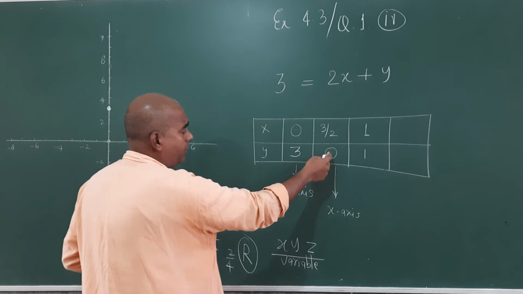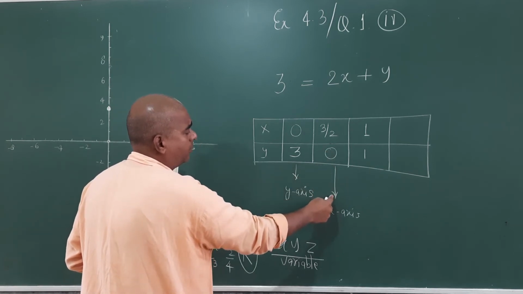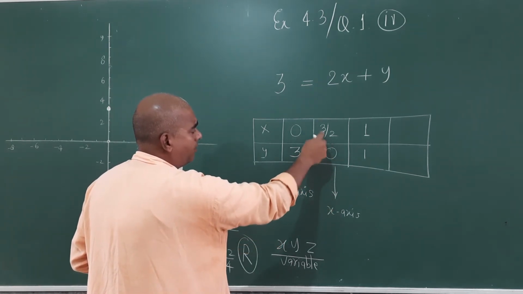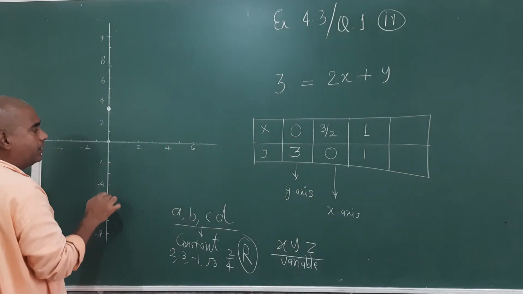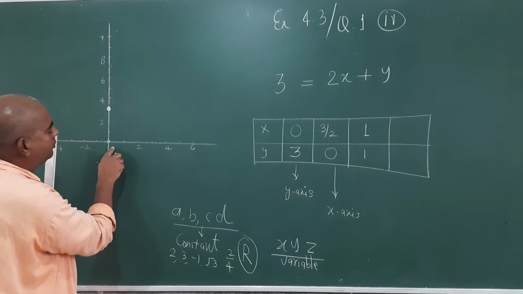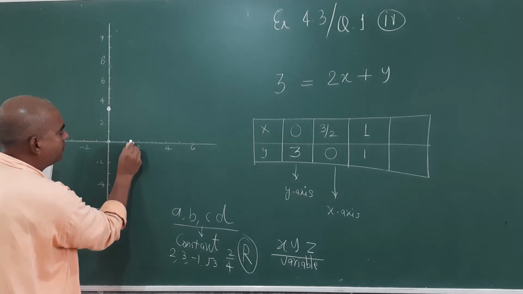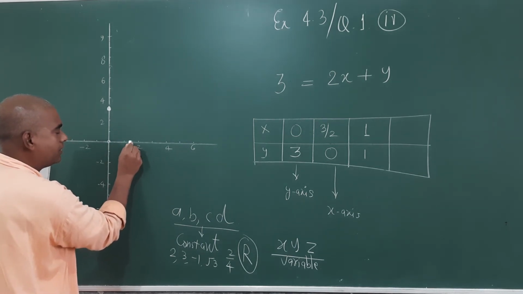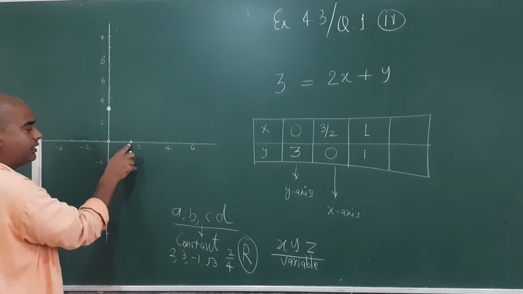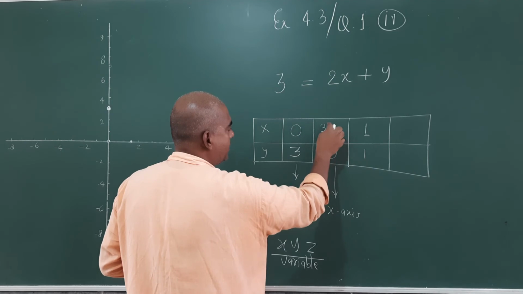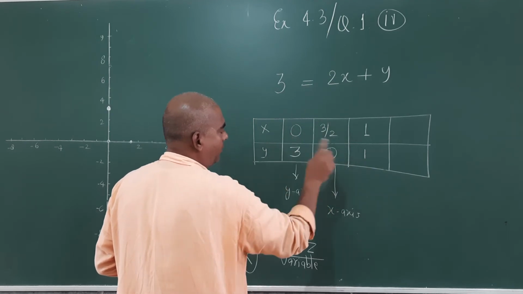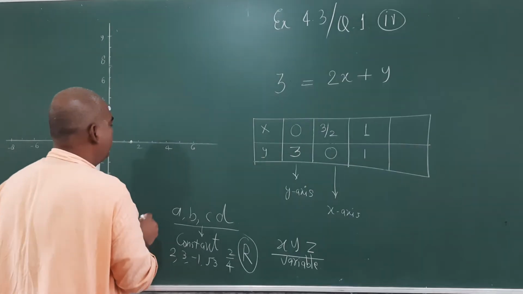And when you take y equal to 0, you get x equal to 3 upon 2, which means 1.5. So this is 1 and 2, this is 1.5. Sometimes it's difficult, so that's why I have taken another value, because it is not a whole number. So x equal to 1, y equals to 1.